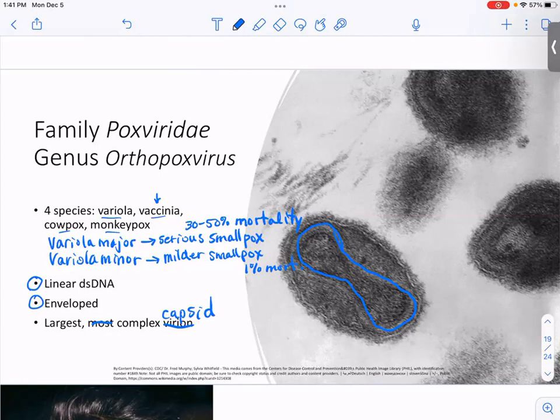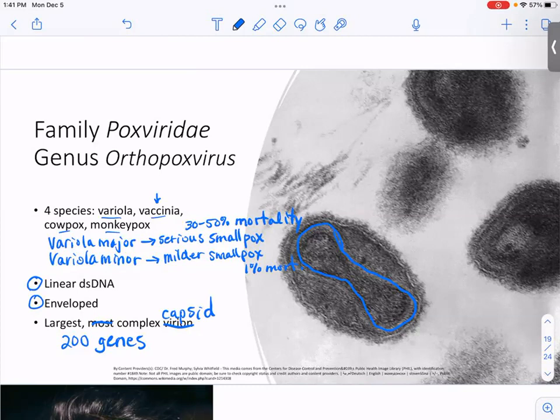I fact checked this before class today. There's one called Mimivirus that's actually bigger. This is one of the biggest viruses, but it's not the biggest. It does have a huge genome though, about 200 genes. So it comes into host cells pretty much carrying everything it needs. Of course, it has to take over the host ribosomes, but it has all the enzymes and everything it needs to be successful.